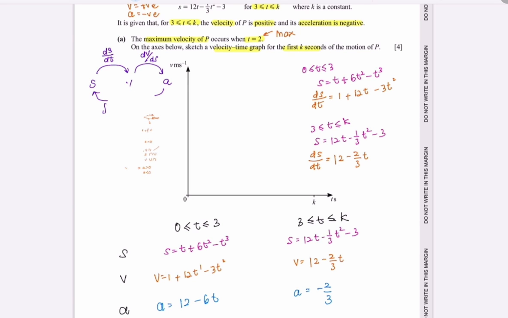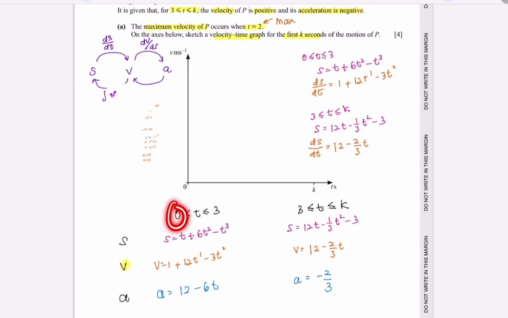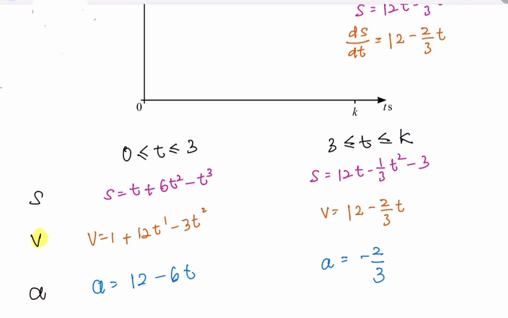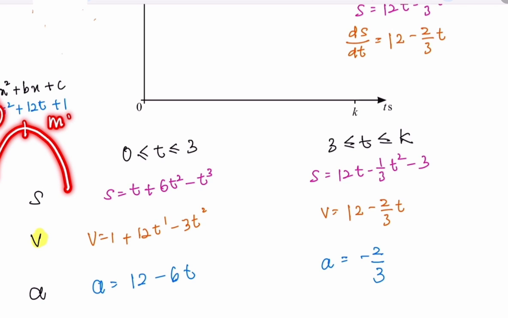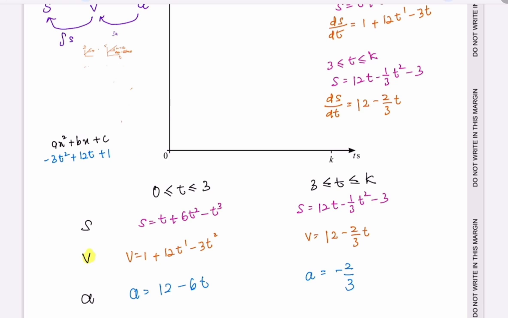Let's sketch our graph for v. First, 0 to 3 seconds, so probably 3 is somewhere over here. Our velocity is in quadratic form, ax squared plus bx plus c. Here a is negative 3, so v is negative 3t squared plus 12t plus 1. Since a is negative, our graph will be a sad face with a maximum value of v over here. It's going to look something like this.